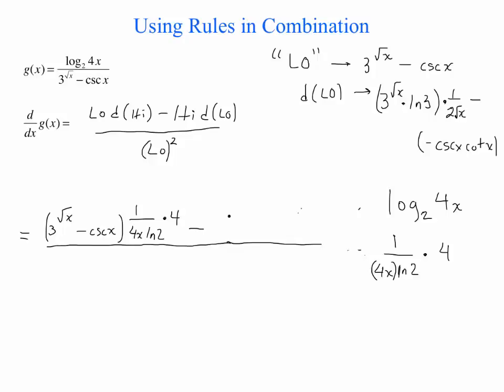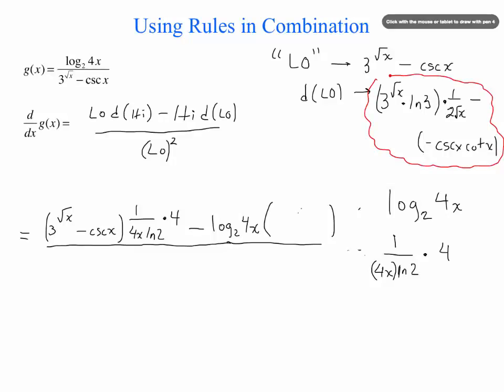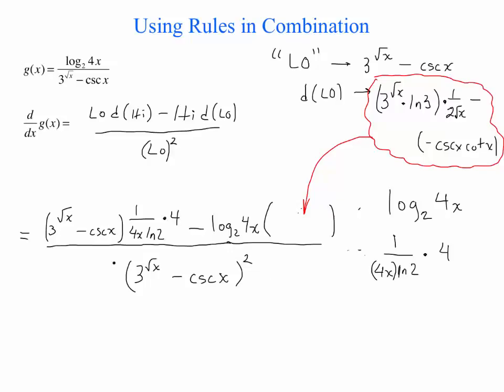Minus, one guy's got it. Is everyone following this? Minus high, which is log base 2 of 4x, times, yeah, so that I'm not going to rewrite, I'll do it in red. This thing right here, that was our rate of change of the denominator, or d low. Which squared? Yeah, so the original denominator squared. And that's it. Don't simplify anything.